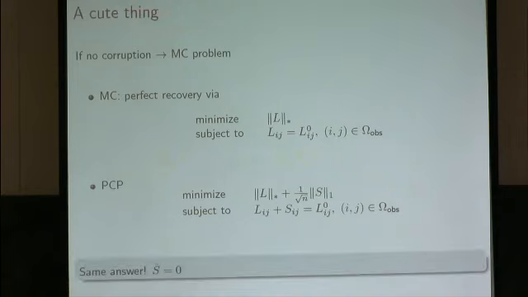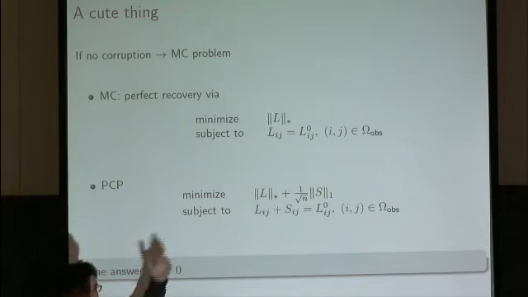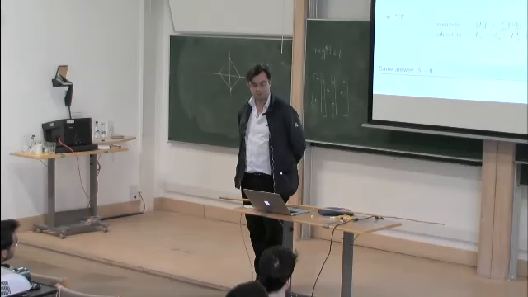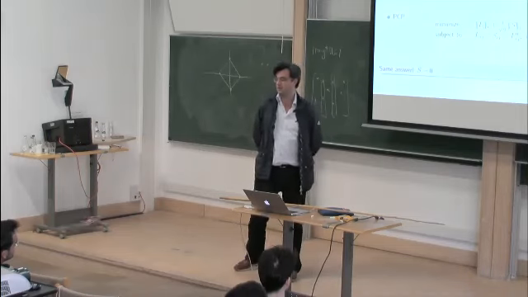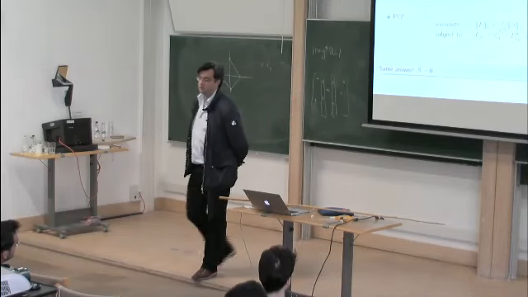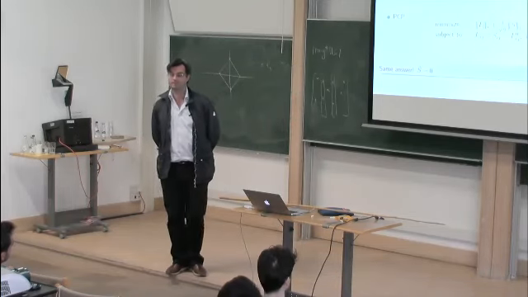I will discover that in fact you were a good person and you did not make me miserable. The interest of this is that if there is no corruption, it's more general than what we've seen this morning. It will say that there is no corruption and will be equivalent to the matrix completion problem we've seen this morning.